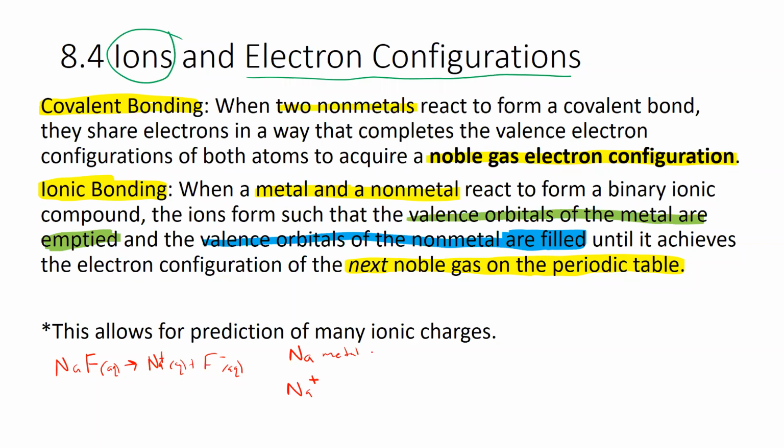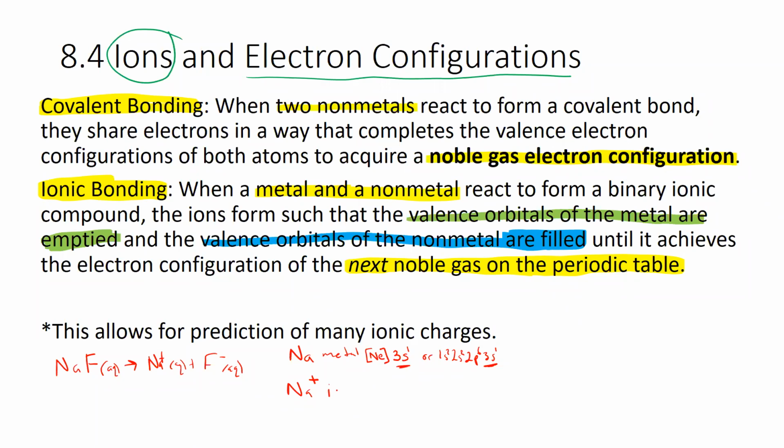Sodium metal is going to be neon 3s1, or if you want the full one, it's going to be 1s2, 2s2, 2p6, 3s1. The electron that's lost is that 3s electron.